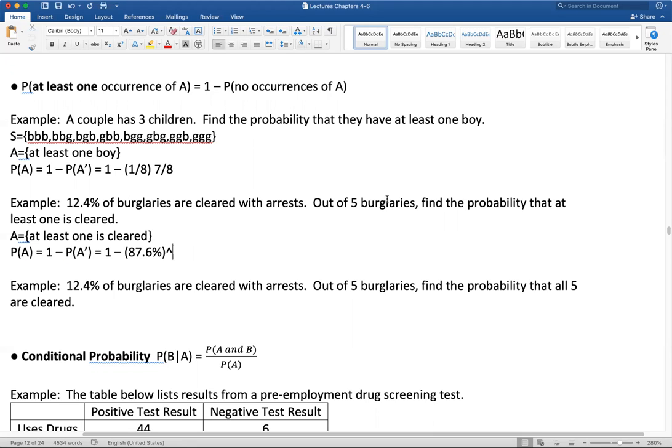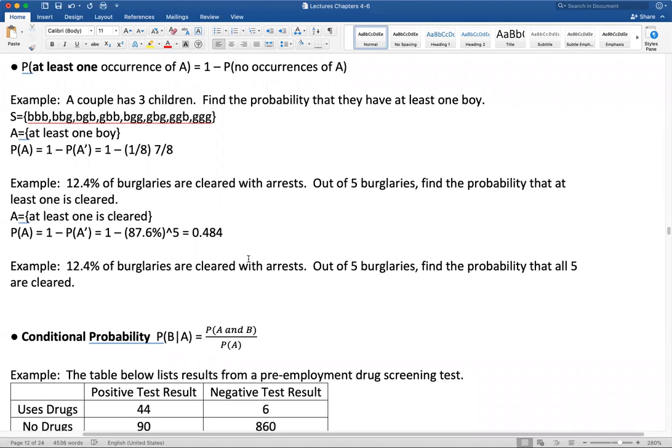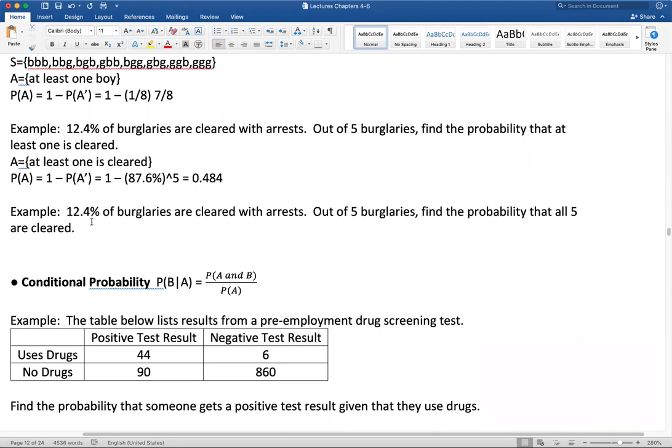Out of 5 burglaries, we multiply 87.6% 5 times, which means 87.6% to the 5th power. Then we subtract that number from 1. Using a calculator, we get 0.484.